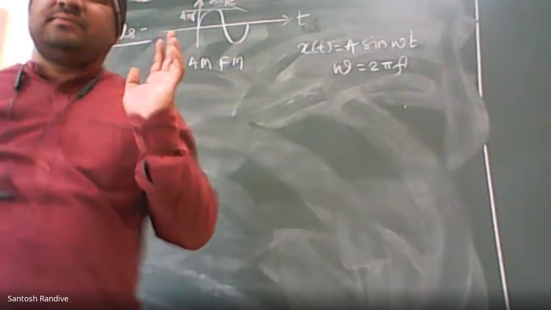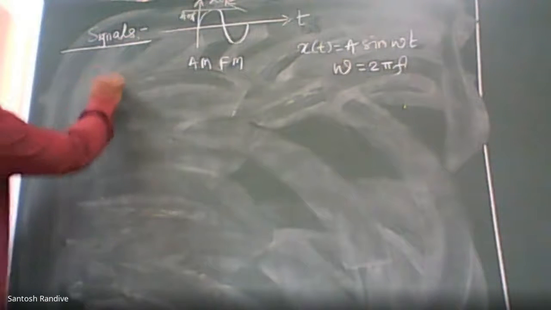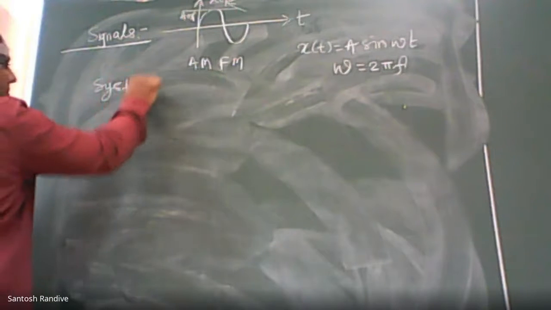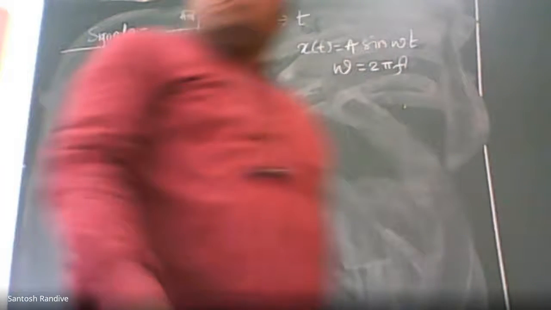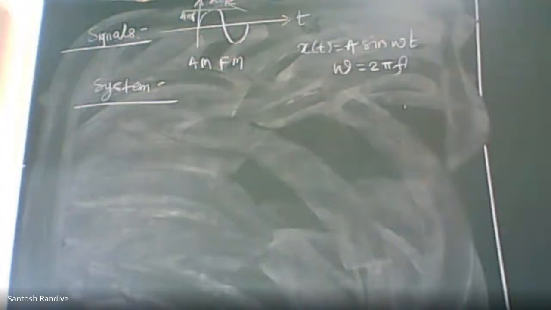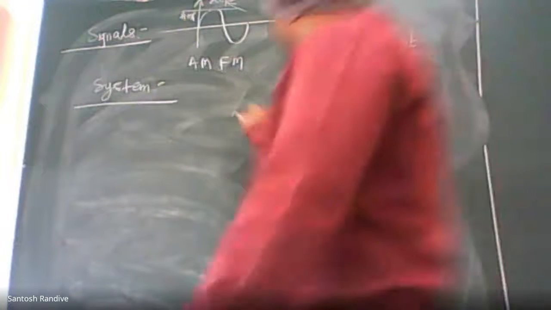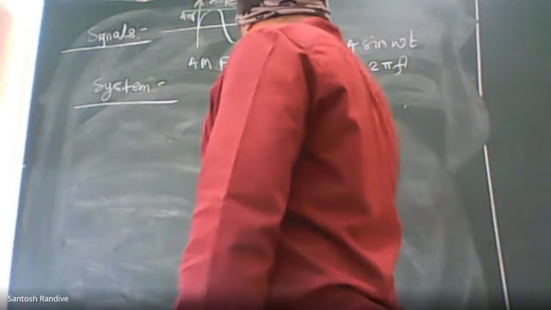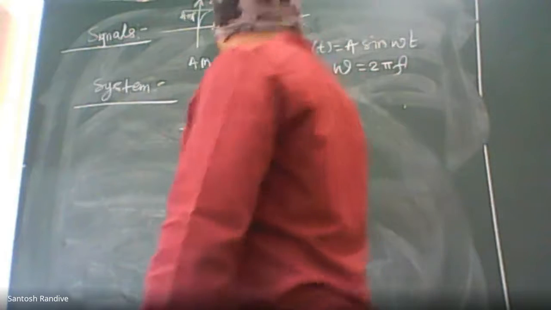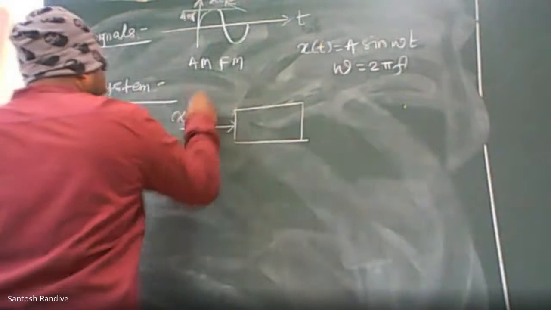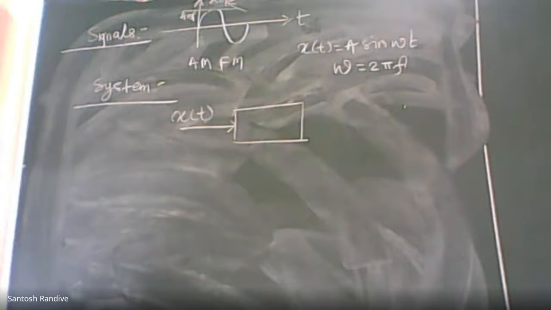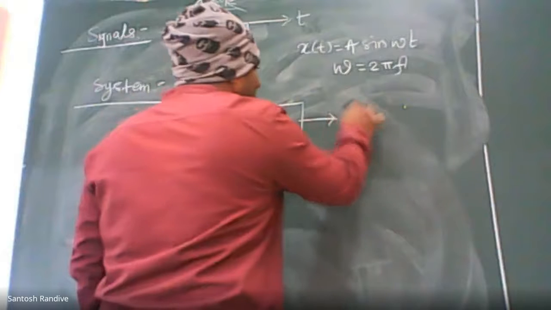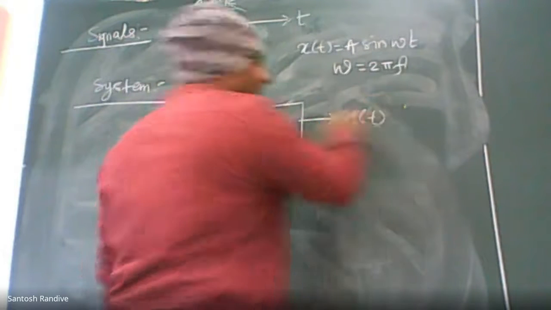Second thing, what is the meaning of system? The input to the system will be x of t, that is, your signal is the input to the system, which will produce some output called y of t.